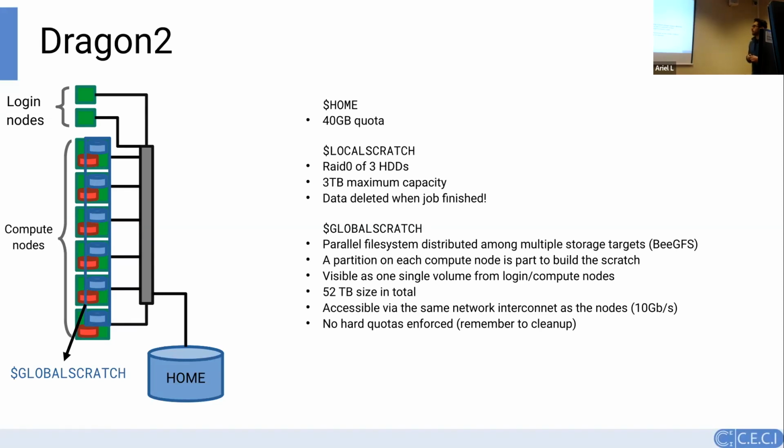Also, Dragon 2 is focused on serial jobs or parallel jobs running on the same node.